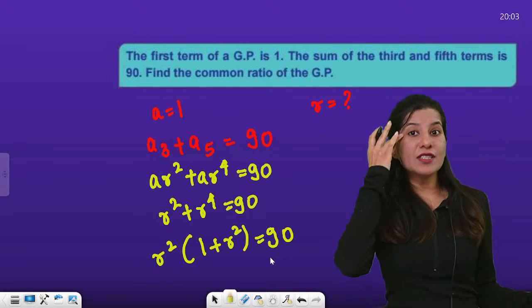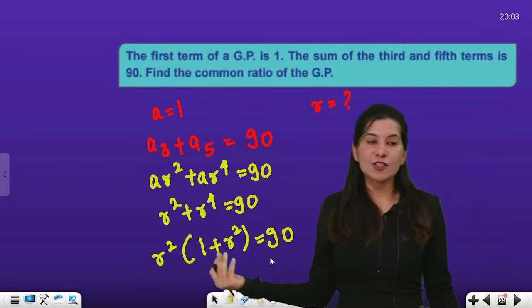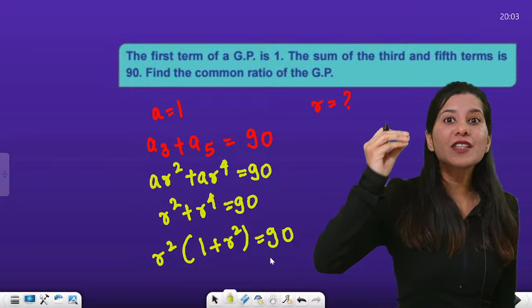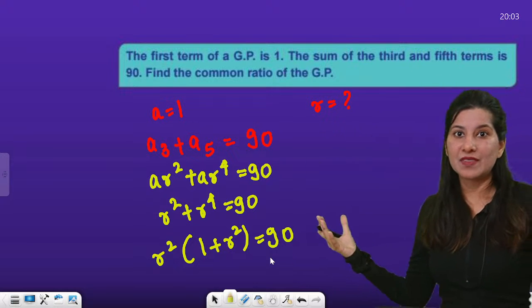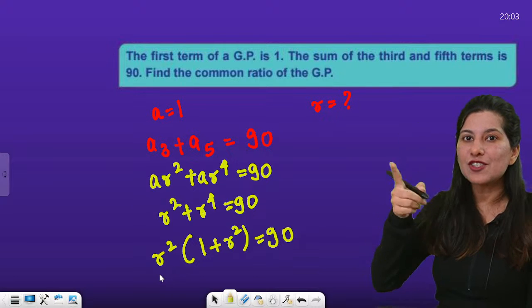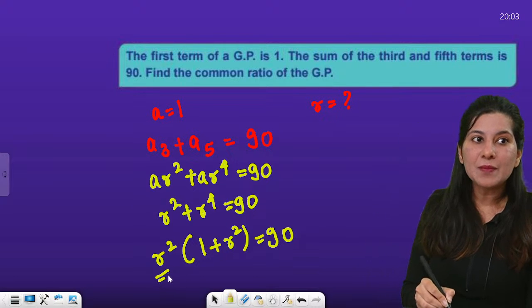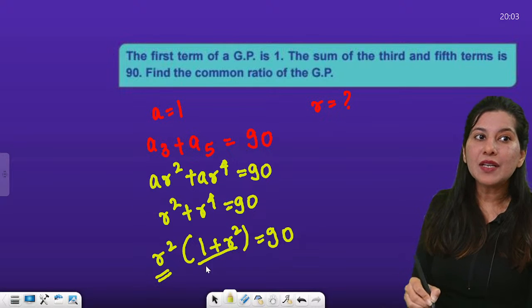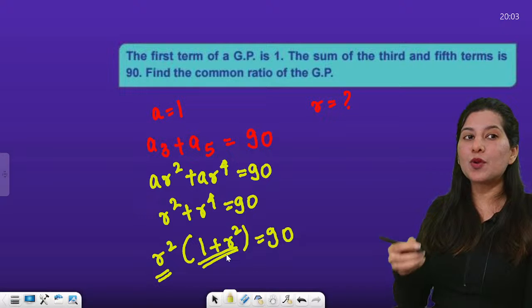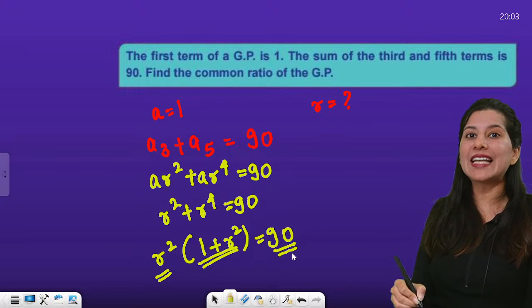Now some students might solve this question with the help of a quadratic equation. Let me give you a tip in problem solving: observation skills. We have a number and a number greater than that, that means two consecutive numbers, whose product is 90.